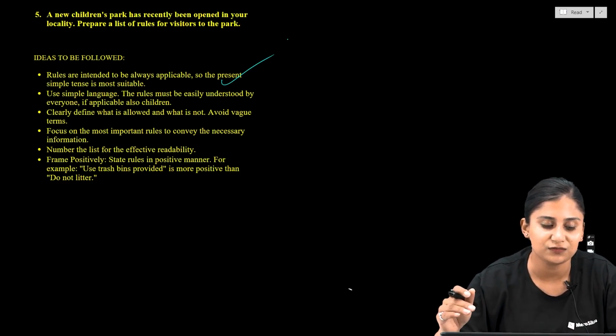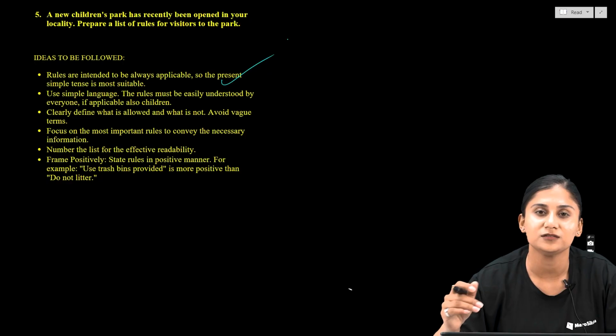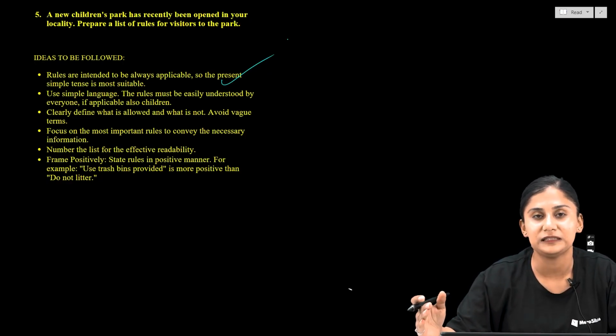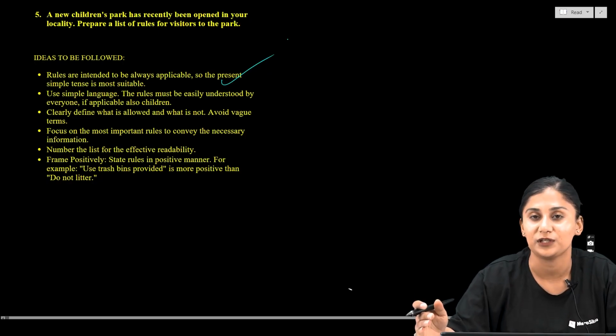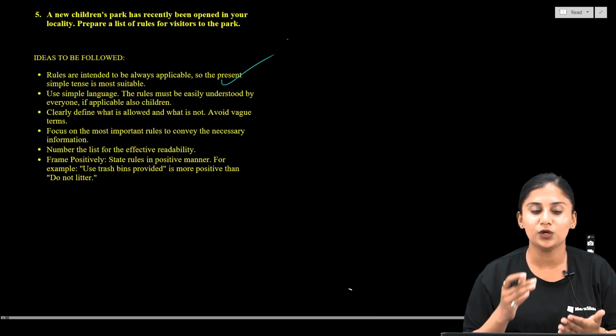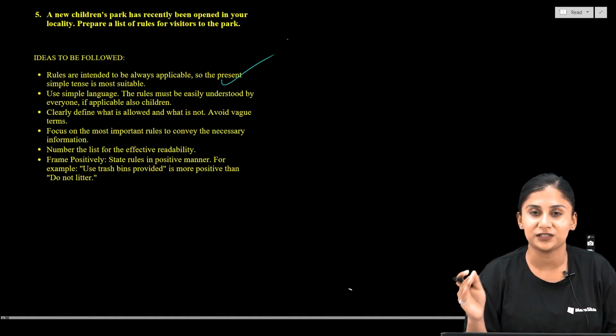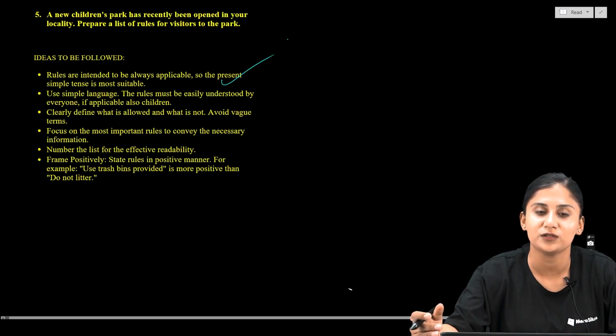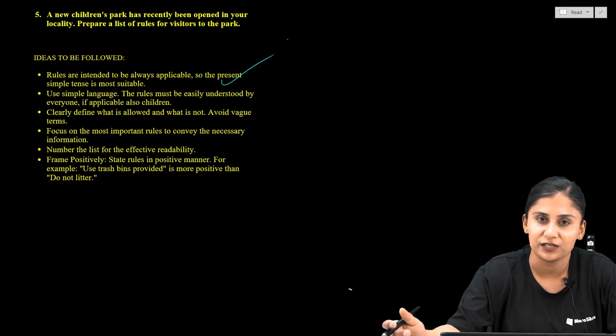So moving on to next, we are supposed to write the rules in very simple language. The rules must be easily understood by everyone, if applicable, also the children. So we are preparing rules not only for the educated personalities, we are also writing the rules for those who are not much into the education as well.